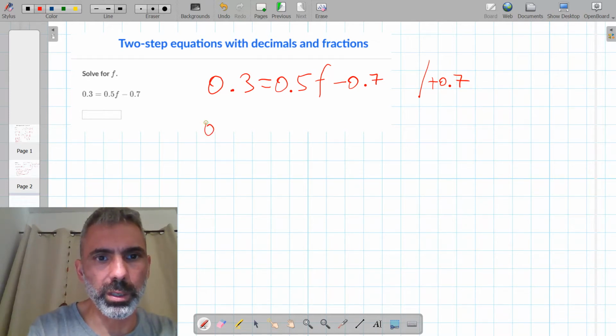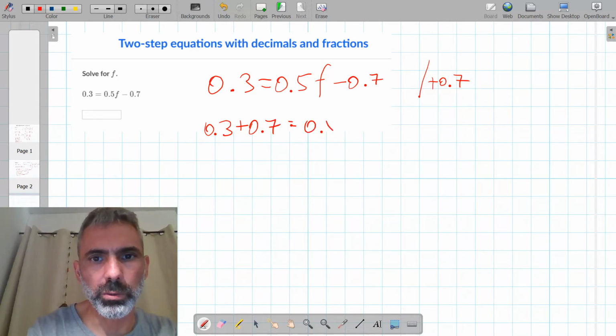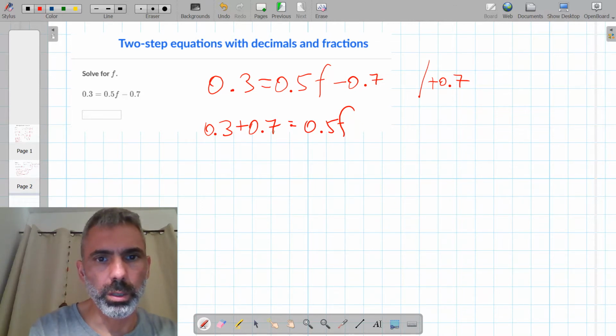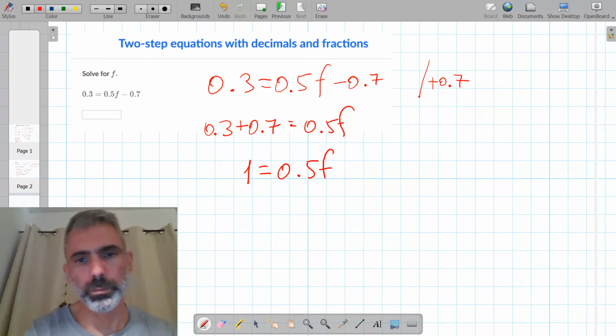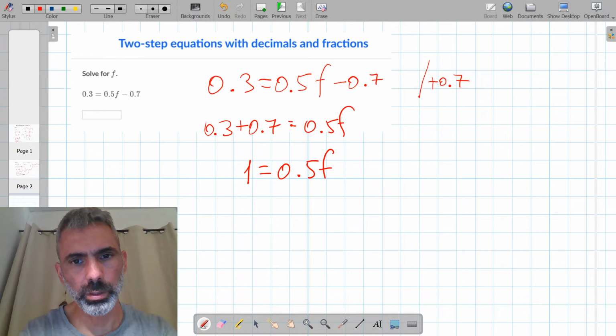So on the left hand side I have 0.3 plus 0.7, and on the right hand side I'm left with 0.5 f. So here it is 1. So 1 equals 0.5 f. And now to isolate the f, I need to divide both sides of the equation by 0.5.